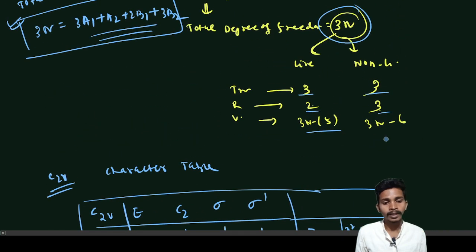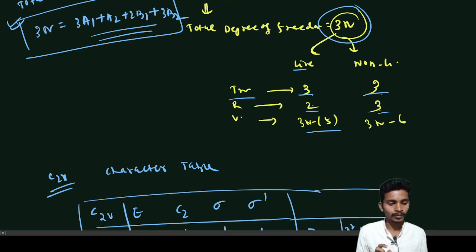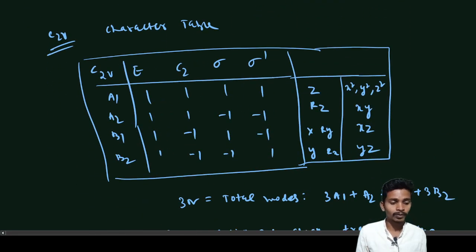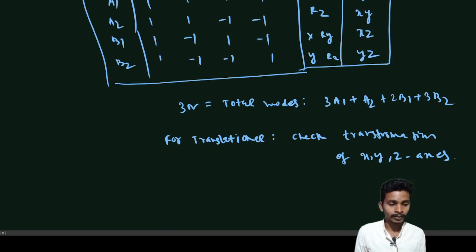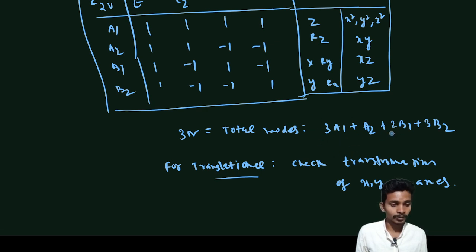Generally we say translational means 3, for linear and non-linear, and rotational this and this, but from the point group point of view we will calculate it. So how to calculate translational? We will check whether the x, y, z axes are there or not with respect to the total modes.